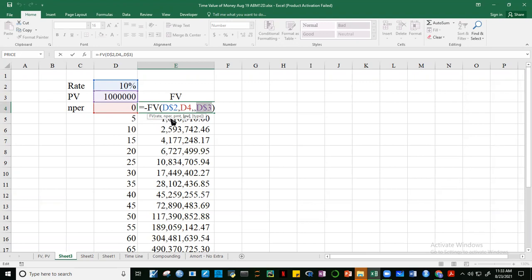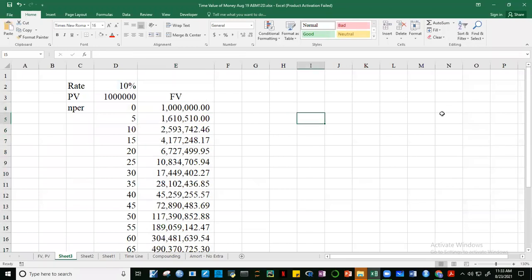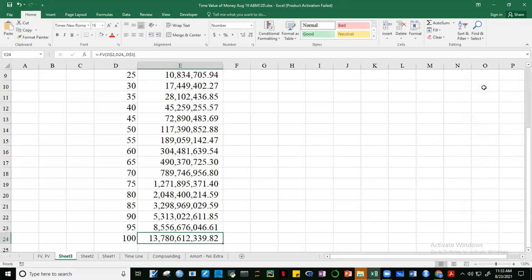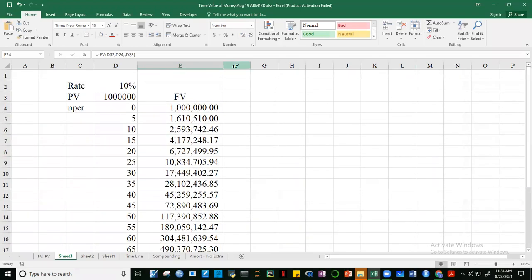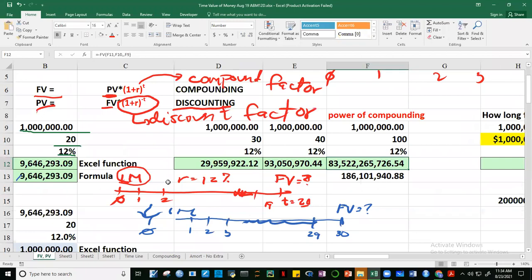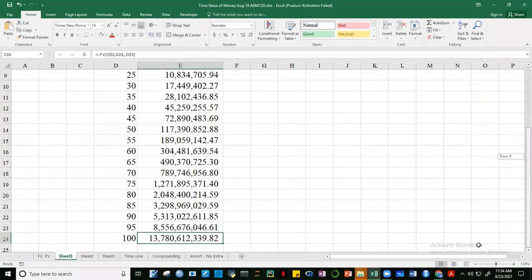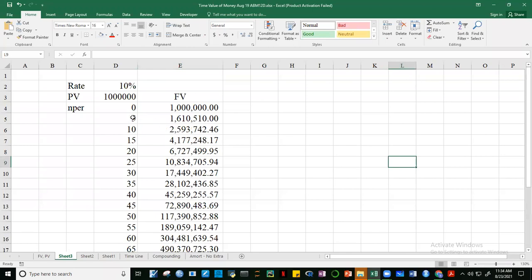NPER is D4. Okay. Bakit ano? Dapat 83 billion to. Check lang natin guys yung formula natin. Something's wrong with my formula. Kasi dapat pareho lang dito. Dapat sa 100 years, dapat 83 billion na siya. Pero 13 lang to. Sino ako nagkamali?